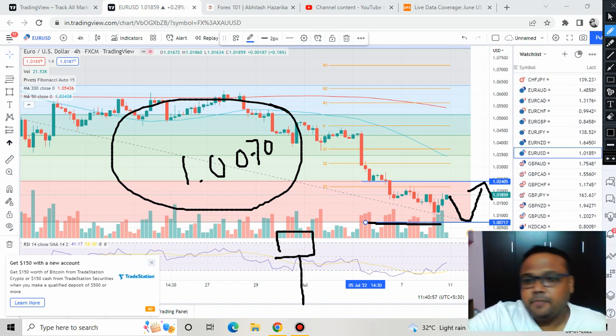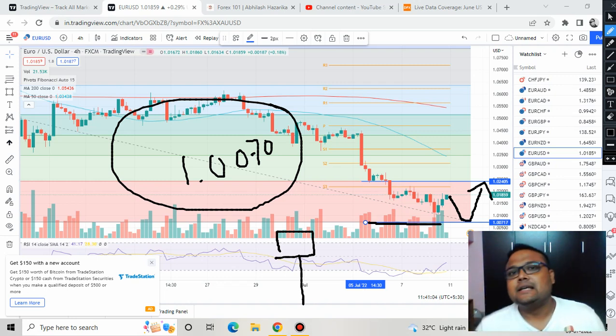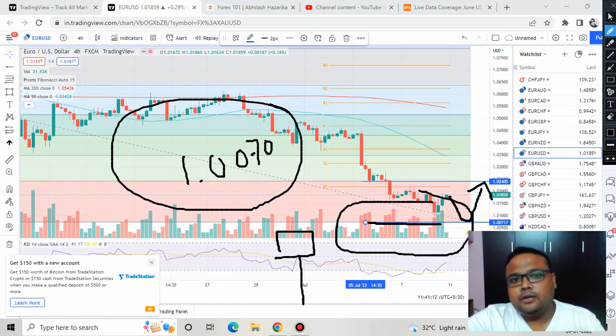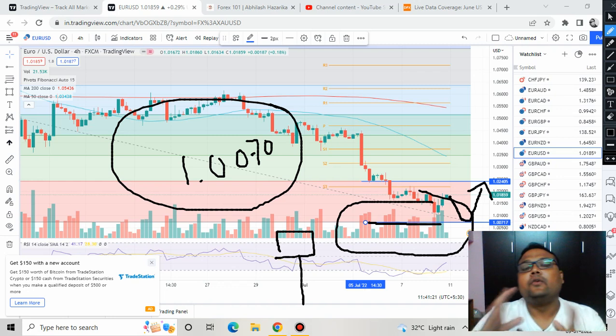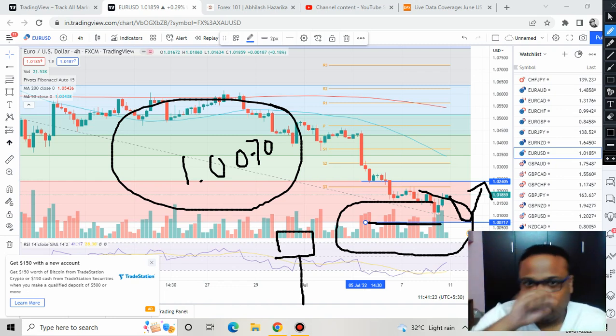If you see the market breaking the level with a big fat red candle, it gives you the confirmation that sellers are present, sellers are dominating the scenario right now, and you can take a sell position. So the same level 1.0070 can be a buy level as well, or it can also be a sell level. It depends on how the market reacts once it reaches the particular level here.